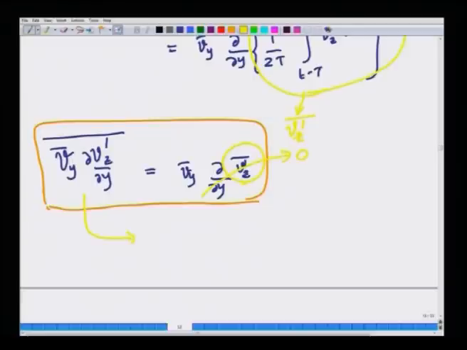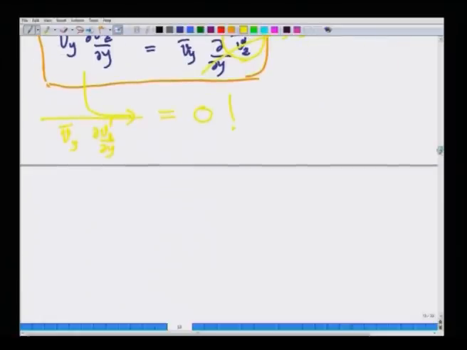So, whenever you have a product of an average times a fluctuating quantity, for example like this, and if you take the time average, that will always be 0. This is a very useful relation, because we will see that we will have several terms that are linear in the fluctuating quantities when we derive the time average differential Navier-Stokes equations, and in such circumstances one can throw away these terms because they are identically 0.